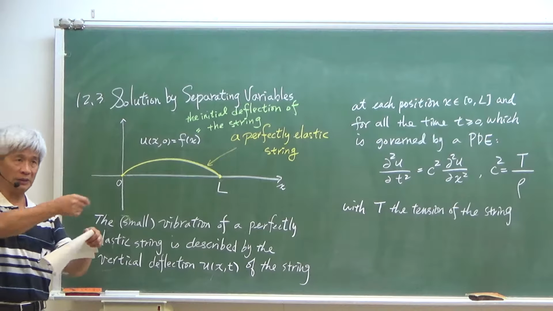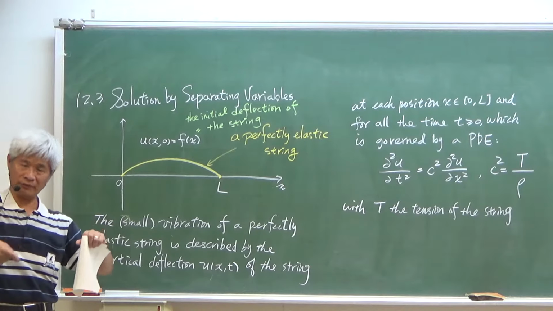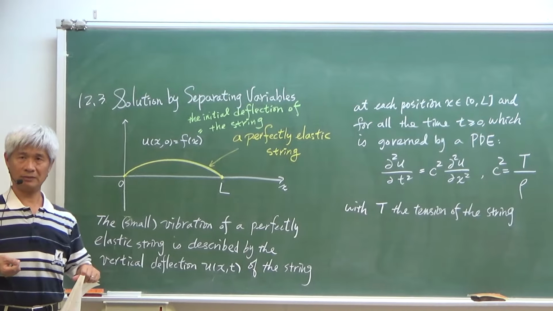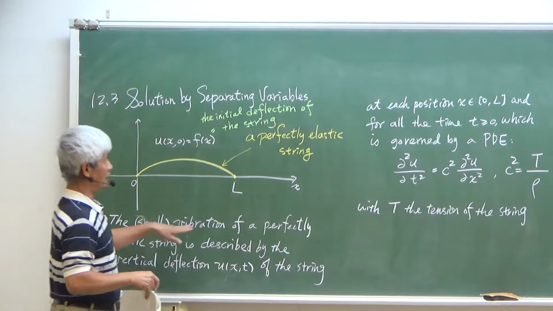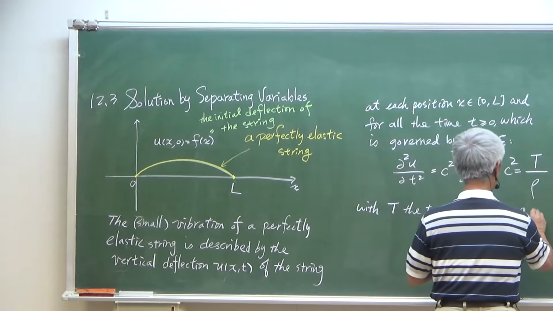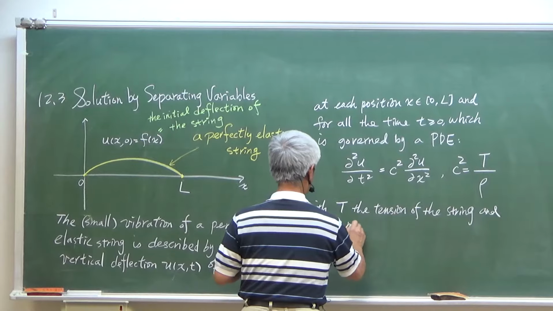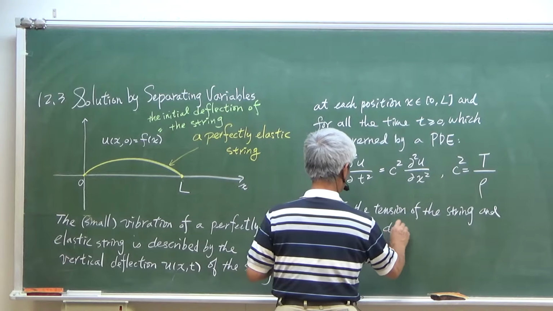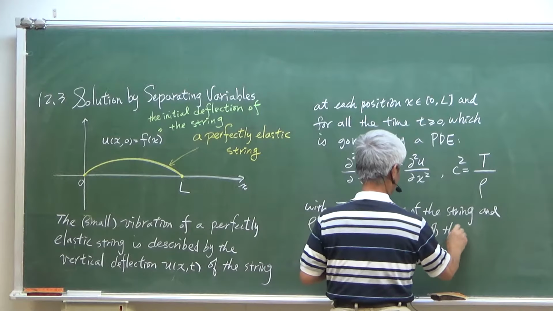When you set up the strings on the instrument, you have to fasten the string to make sound. So T is the tension of the string, and rho the mass density of the string.